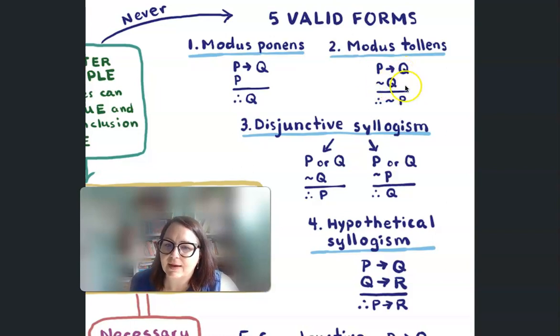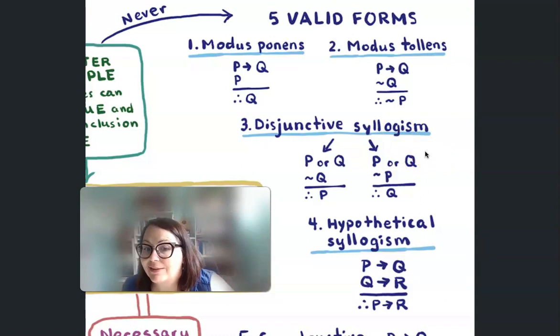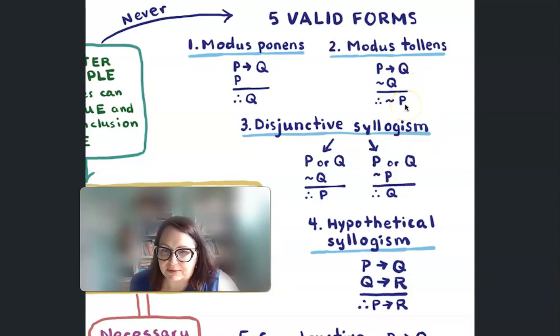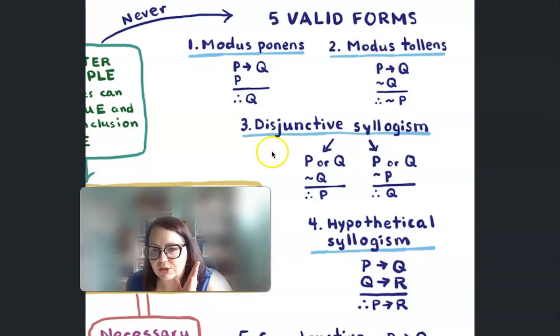And if we negate that, we say we don't have Q. But we know that if we have P, then we must also have Q. But we don't have Q, then we know we don't have P. Okay, so modus tollens, it's really important for you to pay attention that this is a negation of the consequent, which allows us to derive a negation of the antecedent, the first piece here. We have to always check which direction is the arrow and what is negated.